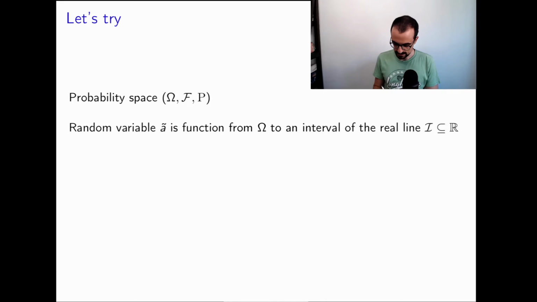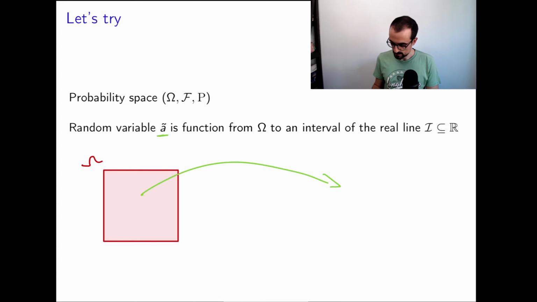Let's imagine that we have a sample space omega, and now we're going to define a random variable, let's say A, as mapping omega to some interval of the real line. Maybe I'll draw a straight line so it looks prettier. So we're mapping to a certain interval of the real line. That means that, actually let me do that again.